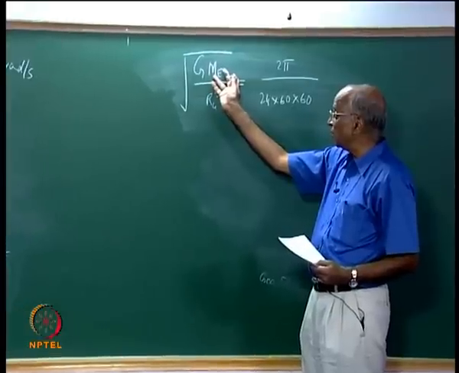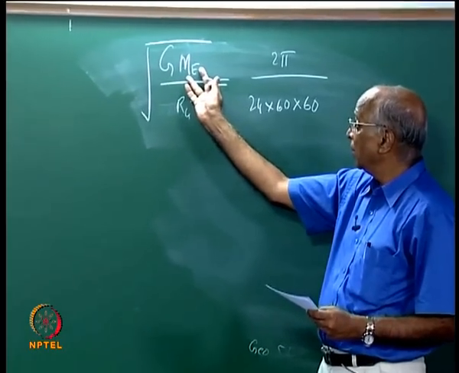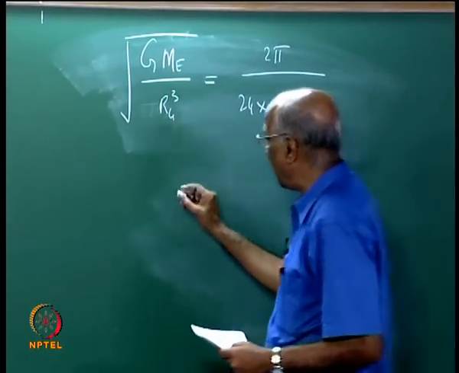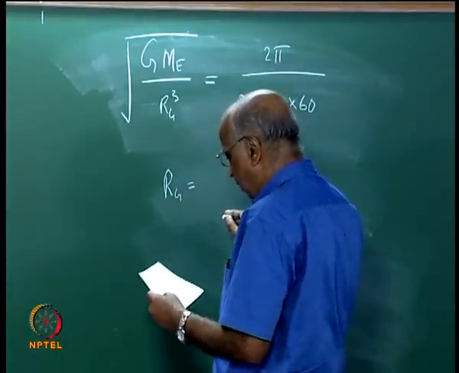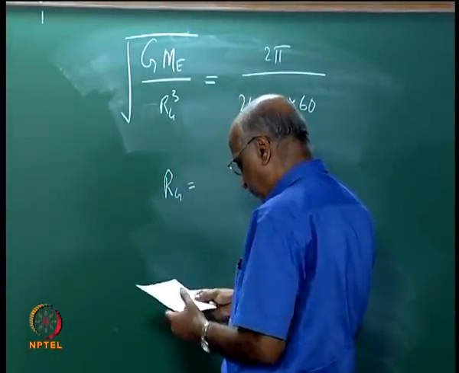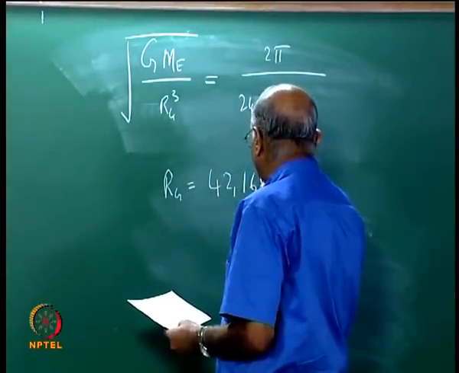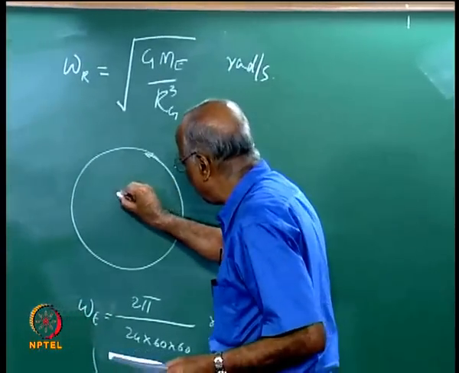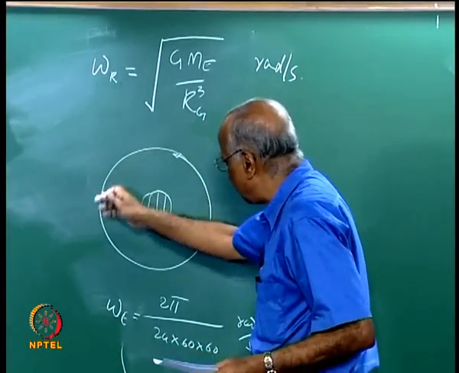We know the mass of the earth, which we said is 5.974 into 10 to the power 24 kg, and therefore if I now find the value of rg, it works out to be something like 42,164 kilometers.